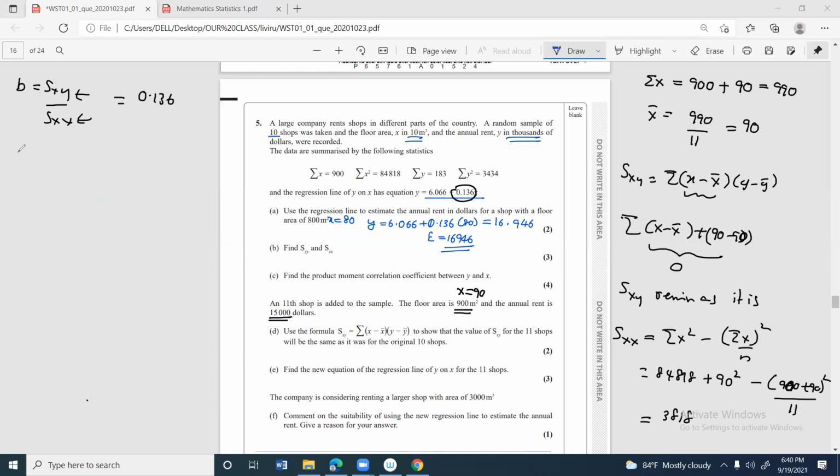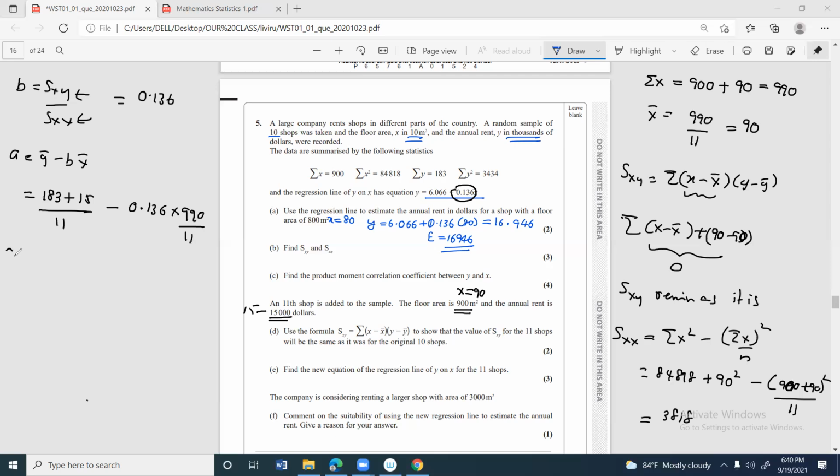Then we need to get a. a equals y bar minus b x bar. Total y bar: the old sum of y is 183, another 15 is added, divided by 11, minus b, which is 0.136, times x bar. x bar is the same thing as before, 990 divided by 11.